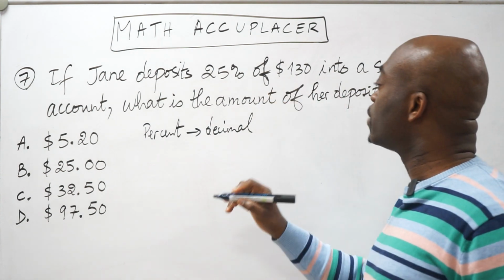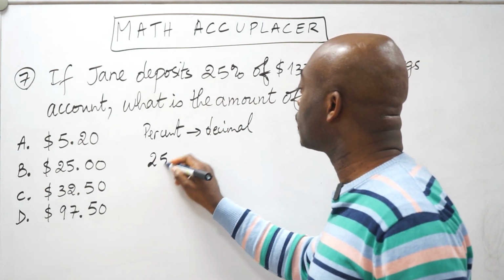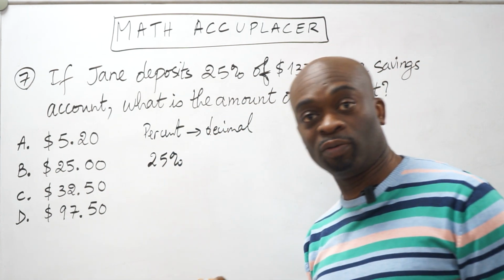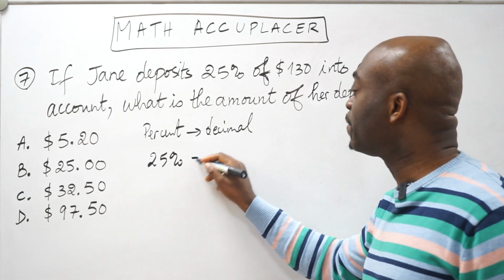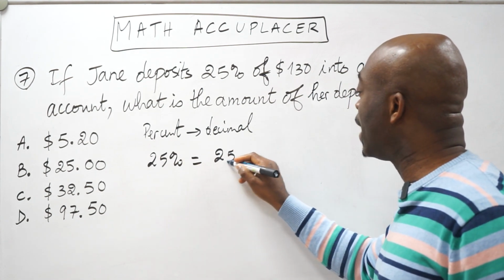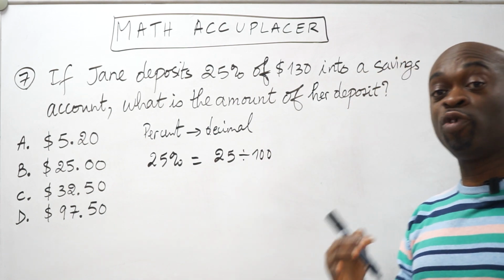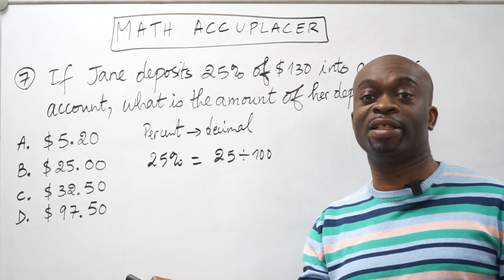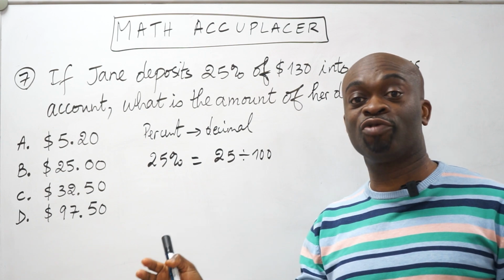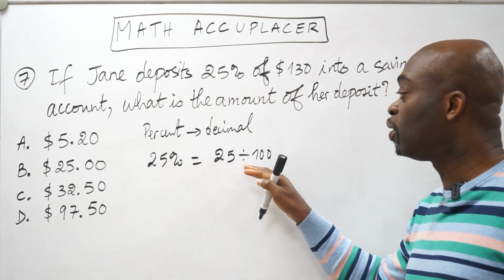So it's going to be 25%. Change it into decimal, okay? It's the same thing as taking the whole number and dividing it by 100. If you are going into percent, you multiply by 100, but if you are coming out of percent to a decimal, you divide.